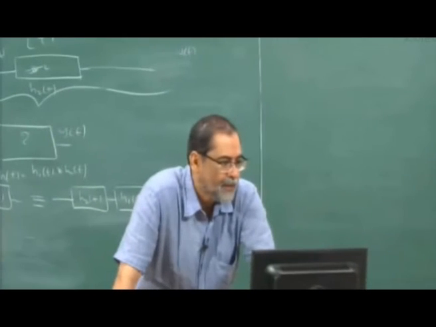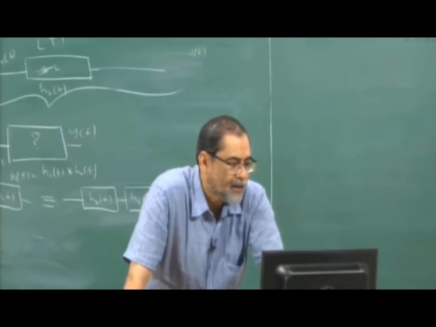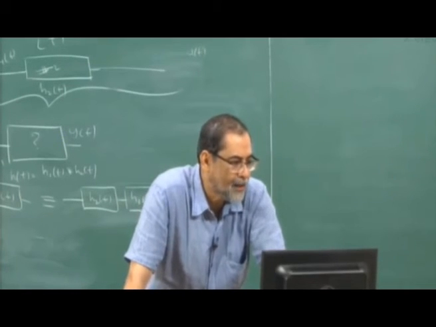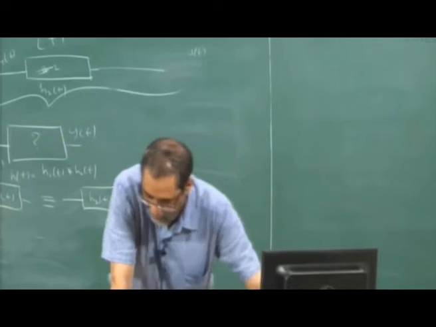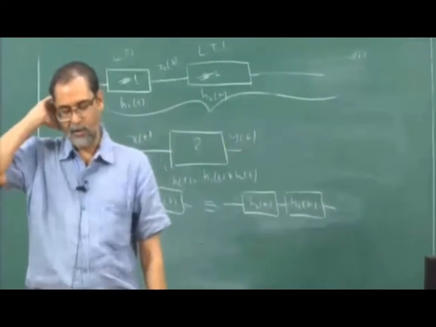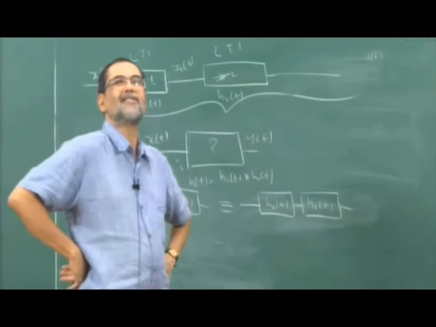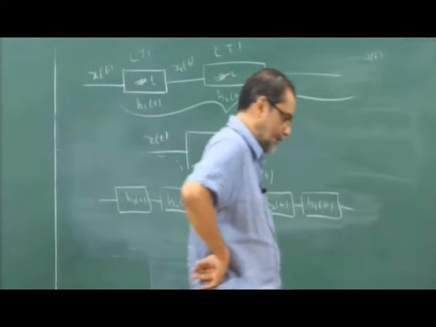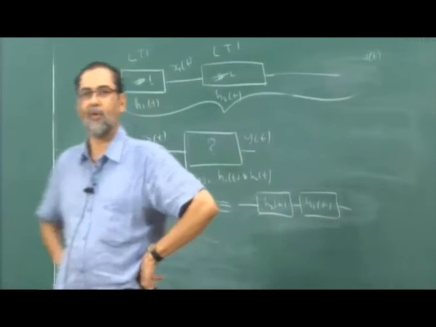This is from PECTN. The question is, if h of t is a complex exponential, what about stability of the system? This is very similar to the previous question, which was if h of t is u of t. I didn't say whether u of t is absolutely integrable or not.